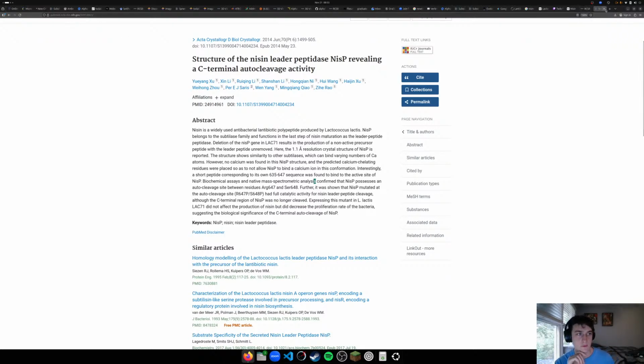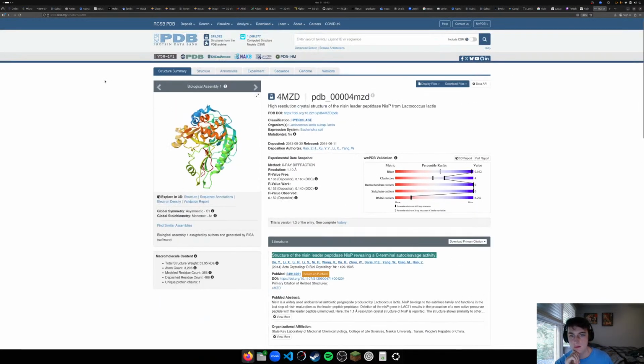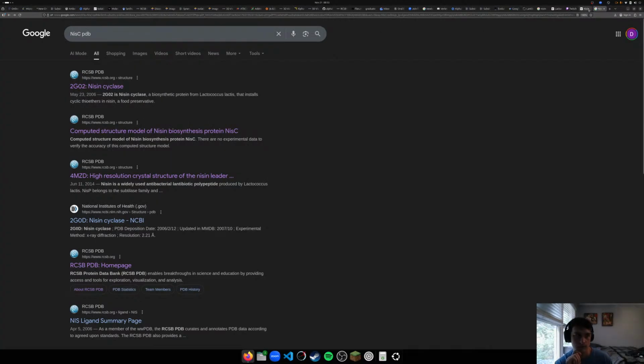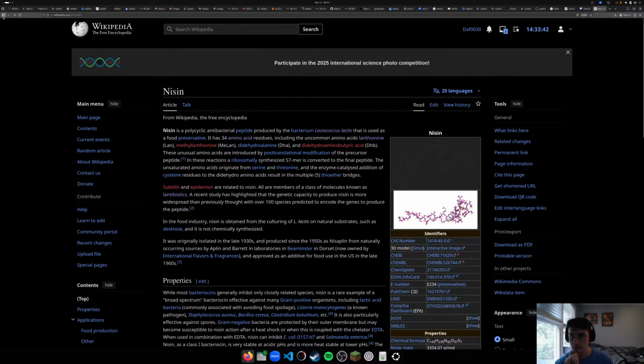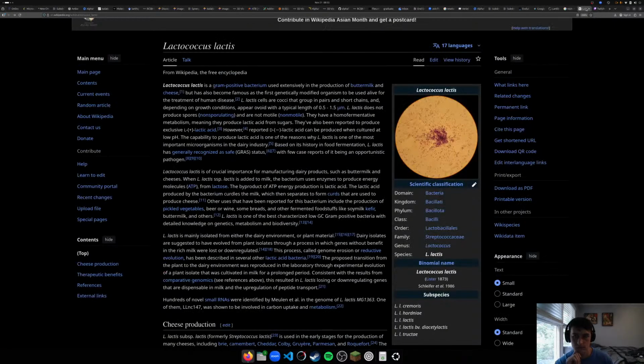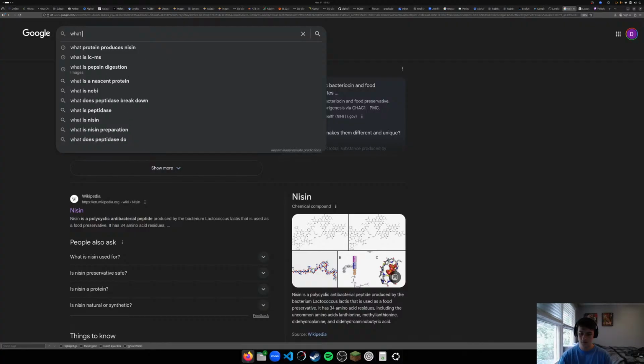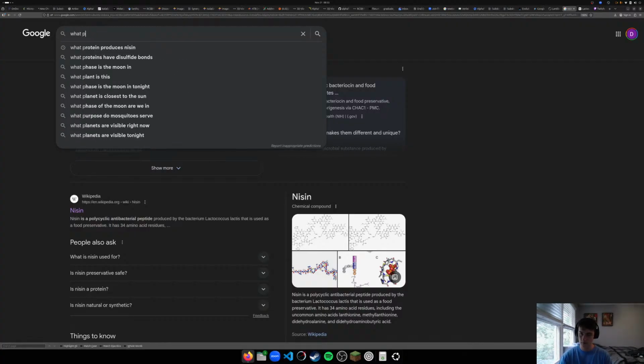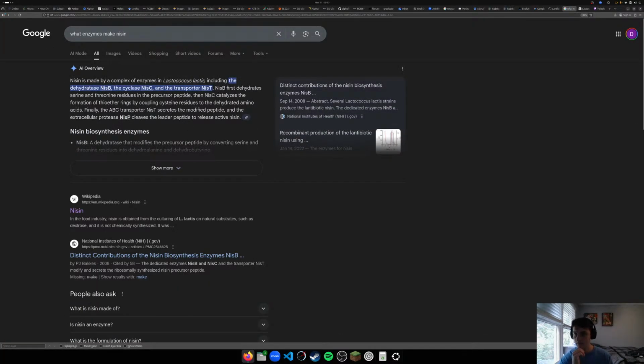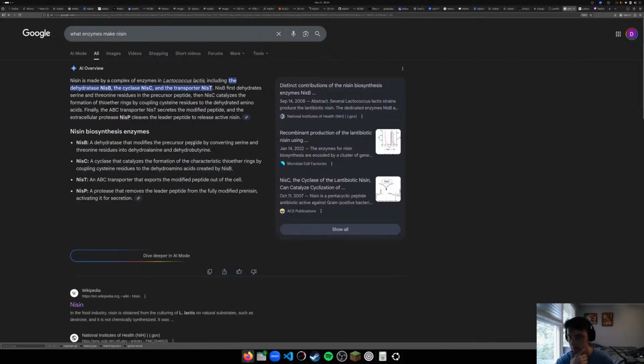Hmm. That might be for the cleavage, maybe like the transporter protein. What? Okay, so it's just Nis, the dehydratase and the cyclase and the transporter. So it's NisT. Okay.